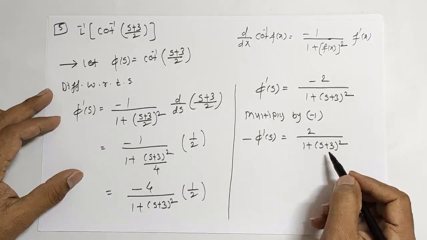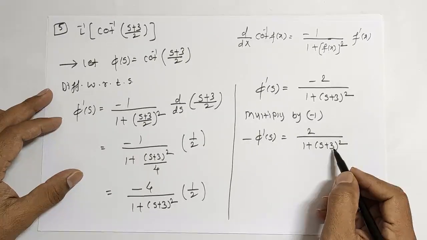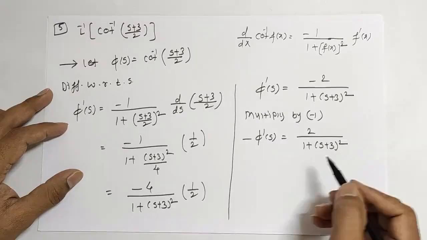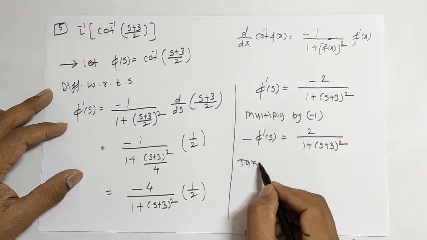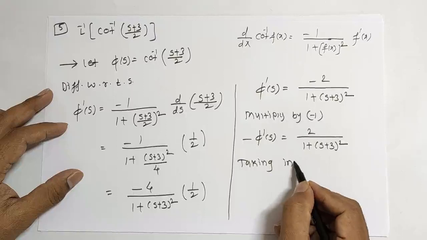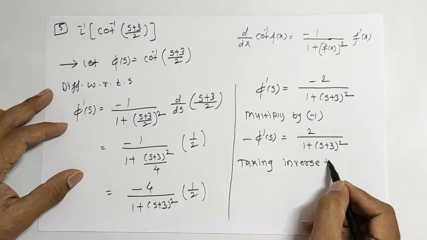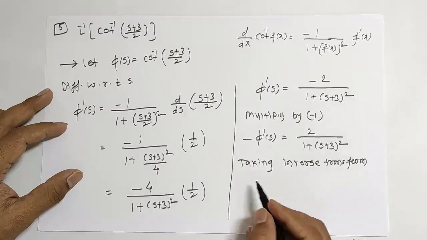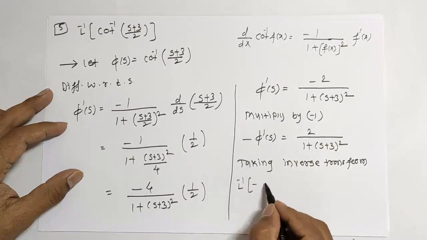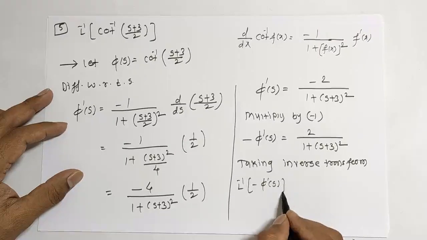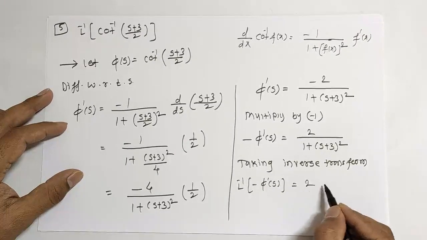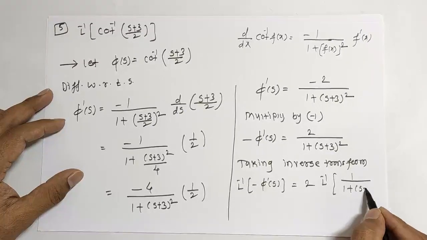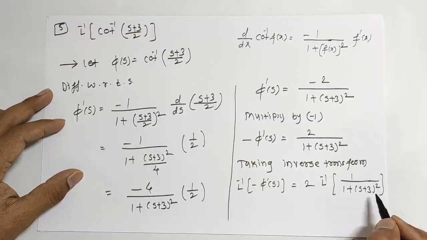We have to take its inverse. It is already in completing-the-square form, so we don't have to open this bracket again, right? So taking inverse transform on both sides, L inverse of minus phi dash of s is equal to 2, which is constant, L inverse of 1 upon 1 plus (s plus 3) whole square.